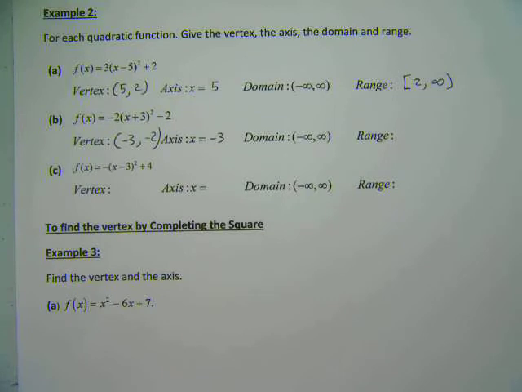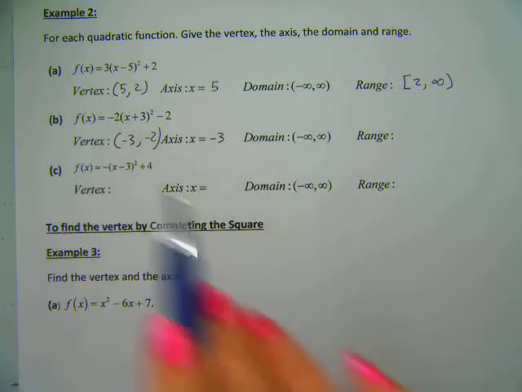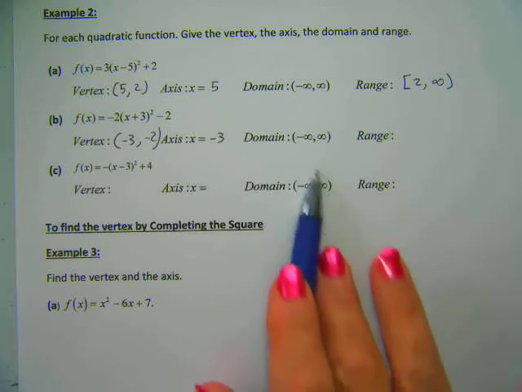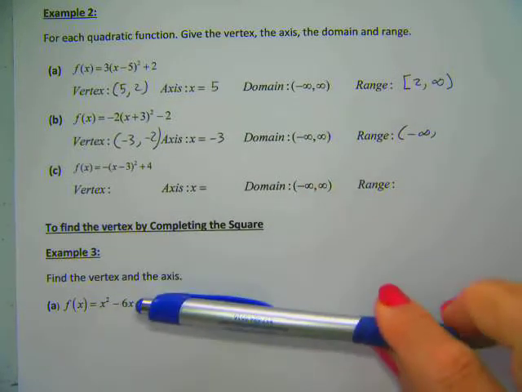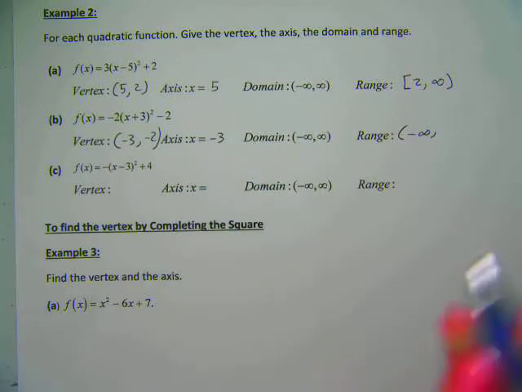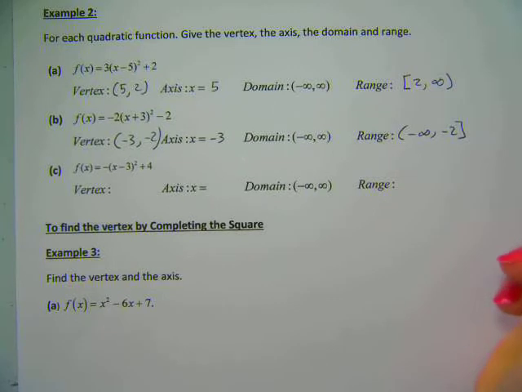How about the range? You see that the coefficient is negative, and that means it's opening down, and that means it's from negative infinity, since it's opening down, all the way to the highest point, which is the vertex, negative 2. Okay, I'll let you fill this in on your own.